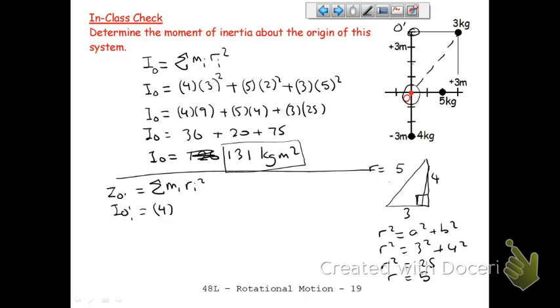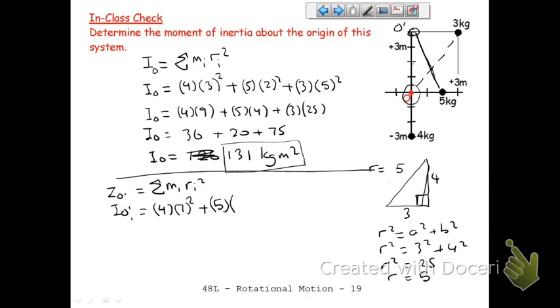But now 4 is not 3 units away. 4 is 1, 2, 3, 4, 5, 6, 7 units away. That's 7 squared. And then I take my second mass, which was the 5 kilograms, but now I want that distance.